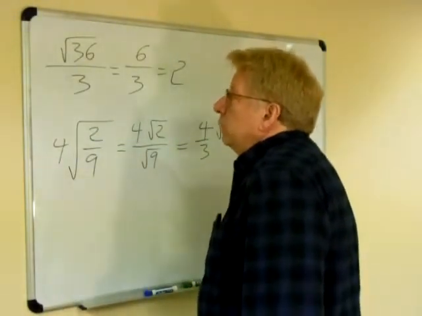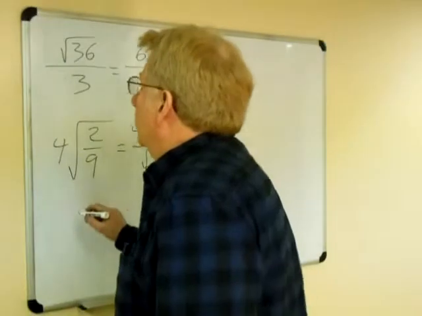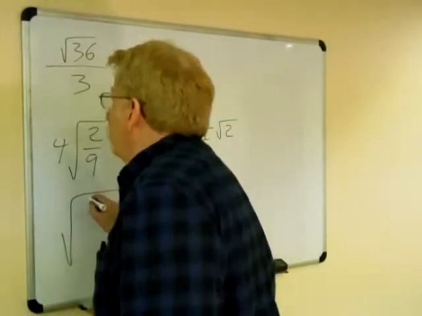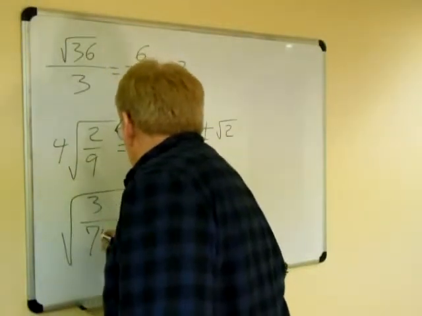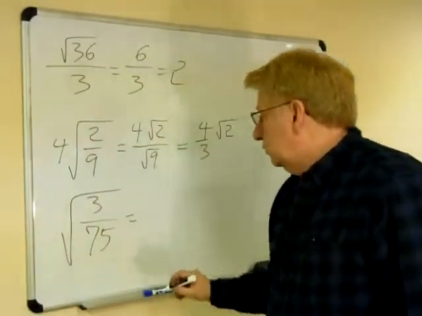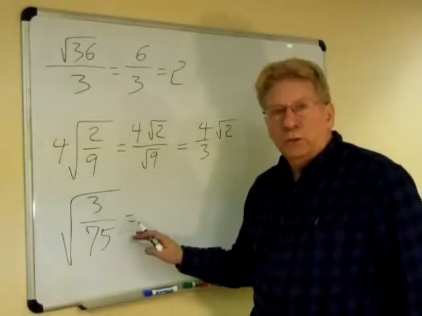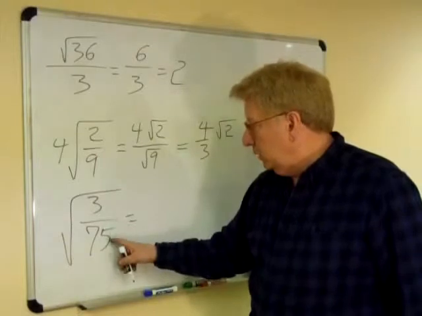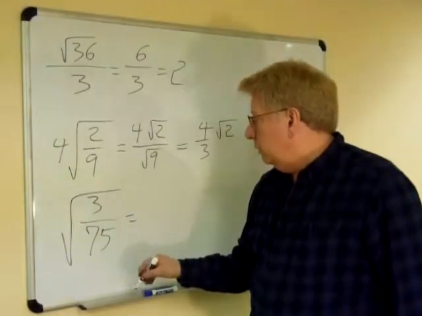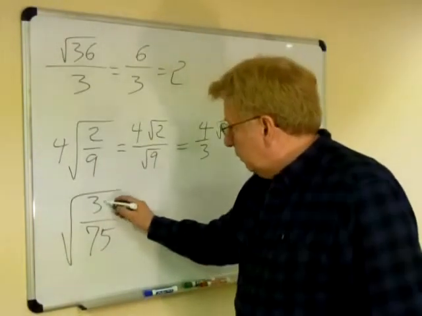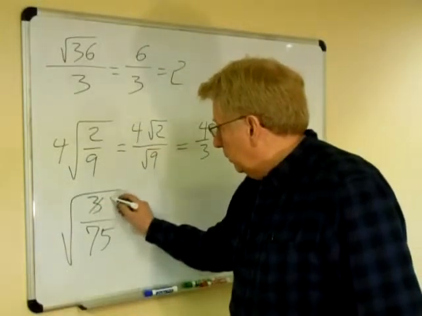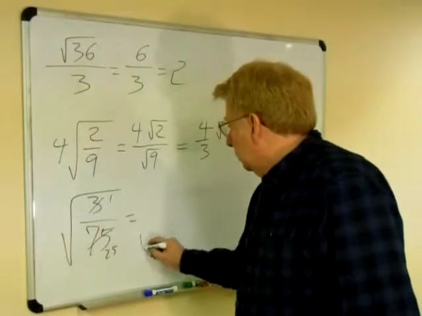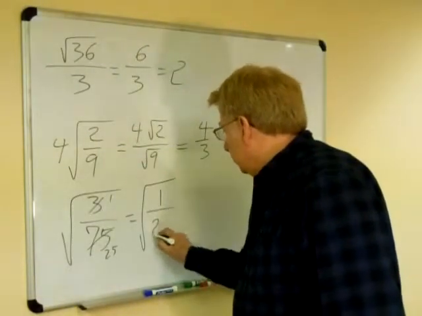Another example, we'll take the square root of 3 over 75. In this case, the best thing to do is first see if there's anything common between these that we can divide out. 3 into 3 is 1, and 3 into 75 is 25. So we end up with the square root of 1 over 25.